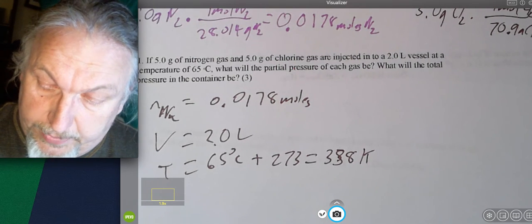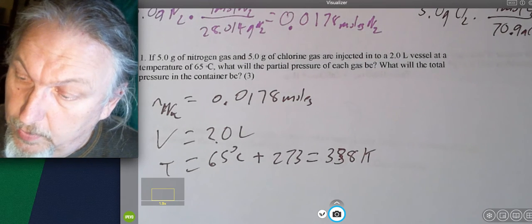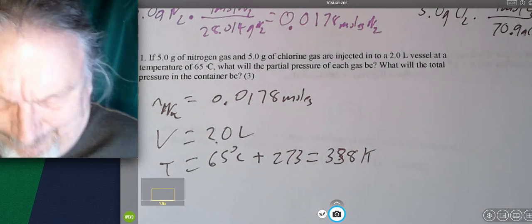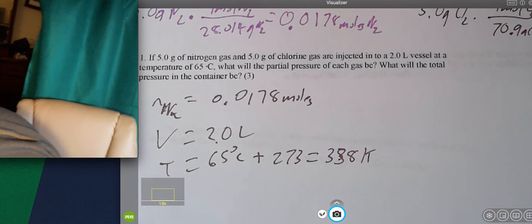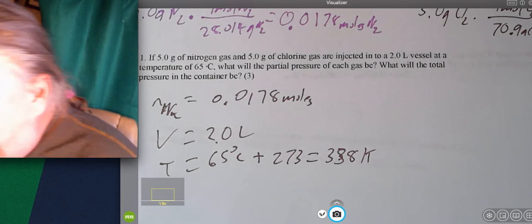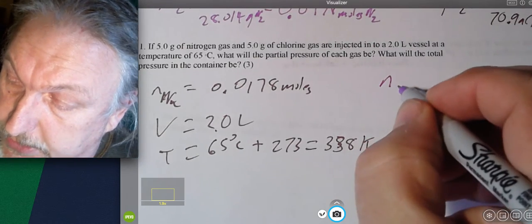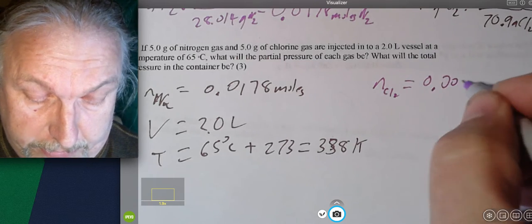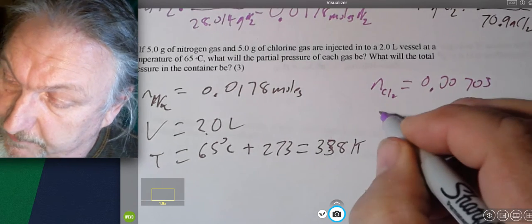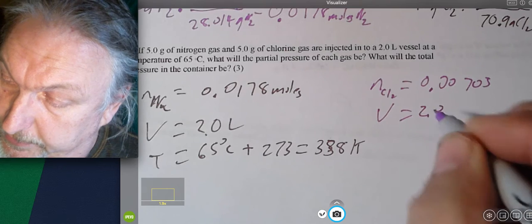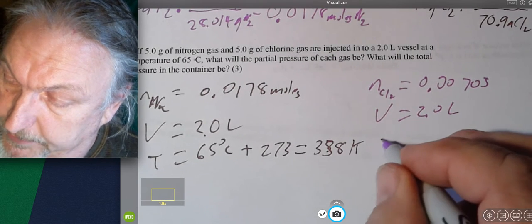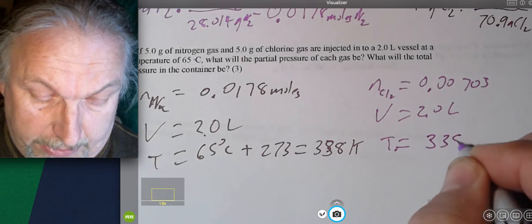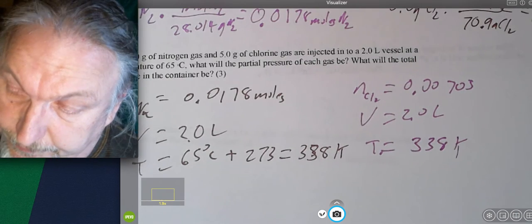Now let's look at our chlorine. Moles of chlorine is 0.0705. Volume again is 2.0 liters. Temperature is going to be the same, 338 Kelvin.